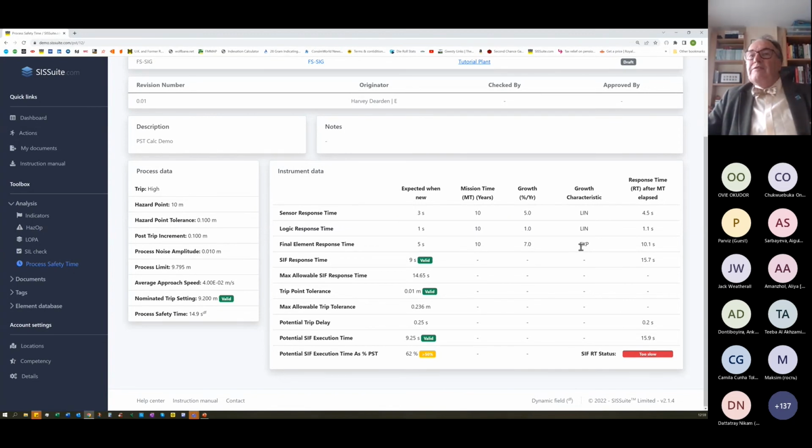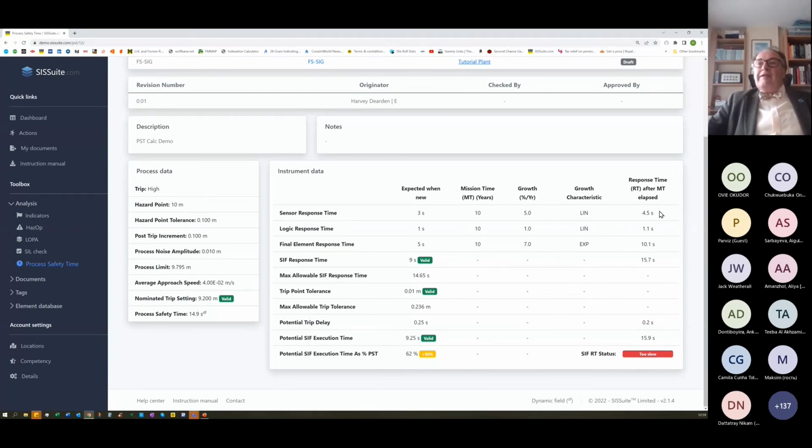So this is equivalent to the 50% rule of thumb. The 50% rule of thumb is essentially saying the SIF response time should be able to double and still meet the requirement. So in terms of an exponential characteristic, 7% a year across 10 years would represent that doubling, as you can see there.